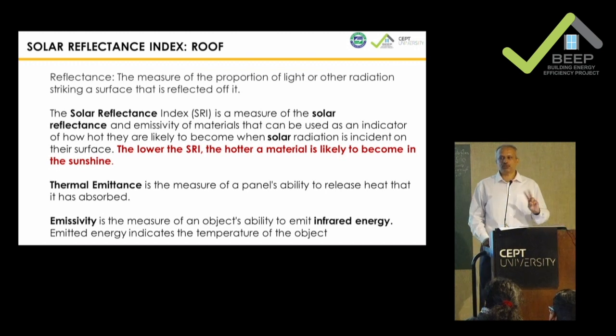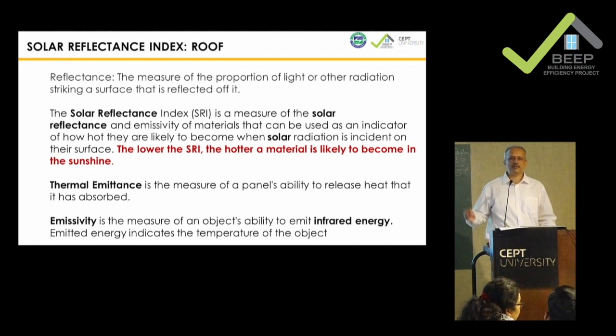And the two together give us a unit called solar reflectance index. It is a measure of solar reflectance and emissivity of a material that can be used as an indicator of how hot they are likely to become when solar radiation is incident on it. So lower the SRI, hotter the material is likely to become.